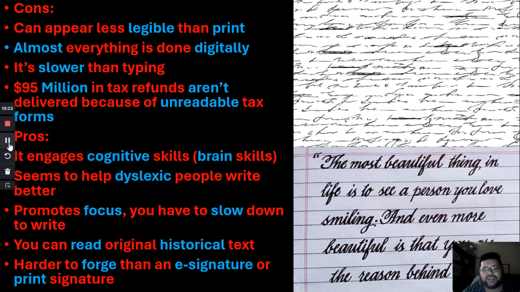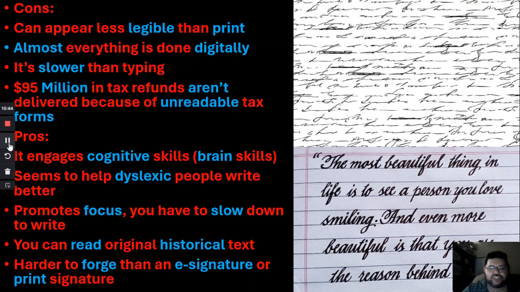And the other thing with signatures, which goes to the main topic of what we're talking about here, is it's harder to forge than an e-signature or print signature. And that's where the opportunity cost comes in. To print something, you'll save time.